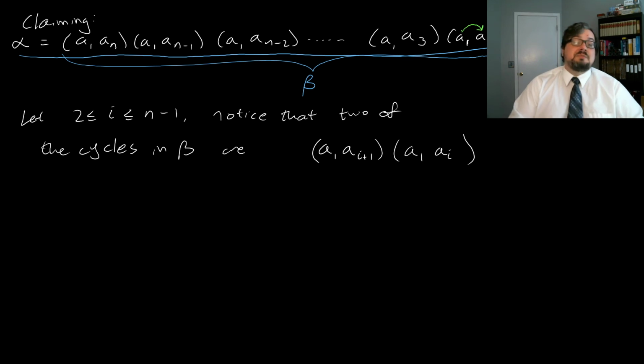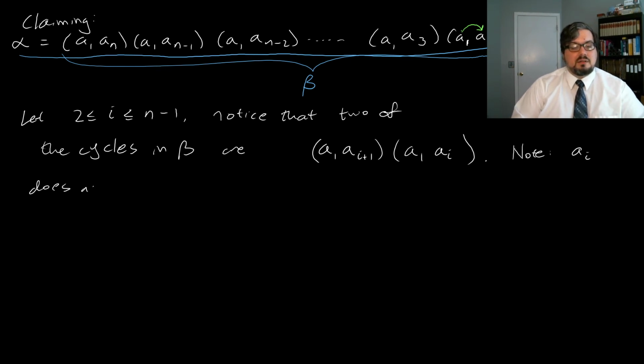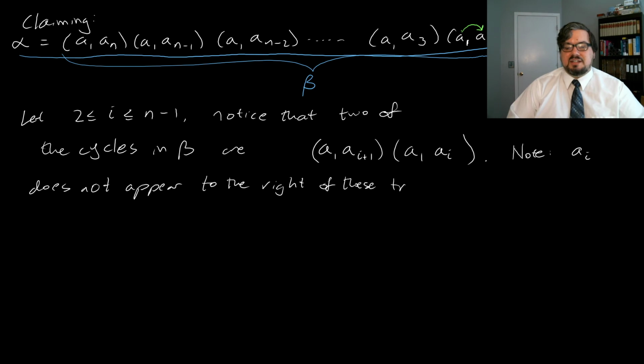And that's because all the transpositions in beta start with A_1, and then the second A_i's are increasing, their index is increasing as we move from right to left. Furthermore, notice that A_i does not appear to the right of these transpositions.